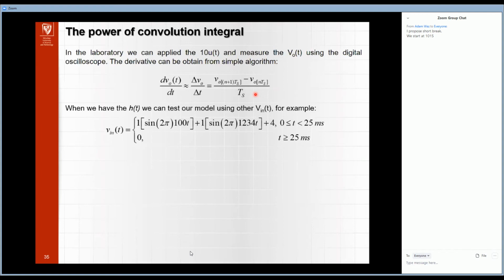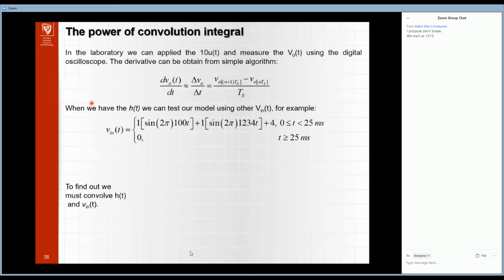And when we have h(t), we can test our model using another source. For example, we have a source like this here, in this region of time. To find the output, we must convolve this one and this one.